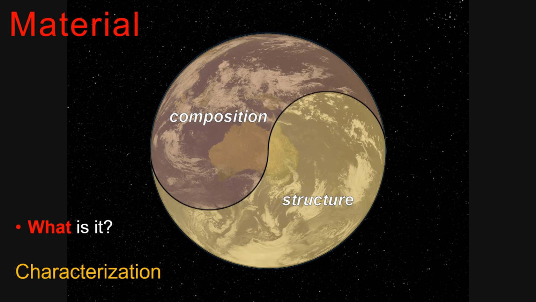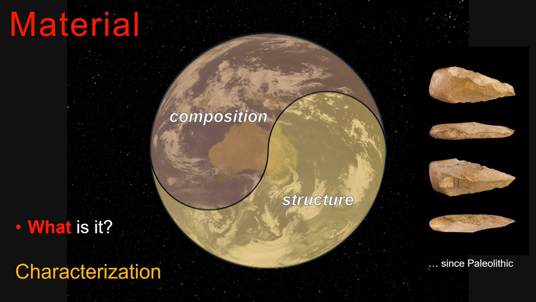What rock is it? What mineral is it? So basically, it's a characterization of the solid Earth. And we've actually done this since a long time, probably since the Paleolithic, when people were reliant on understanding Earth materials as the most modern tool at the time.